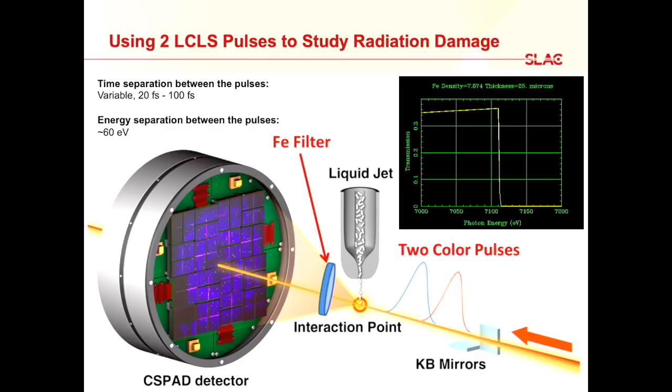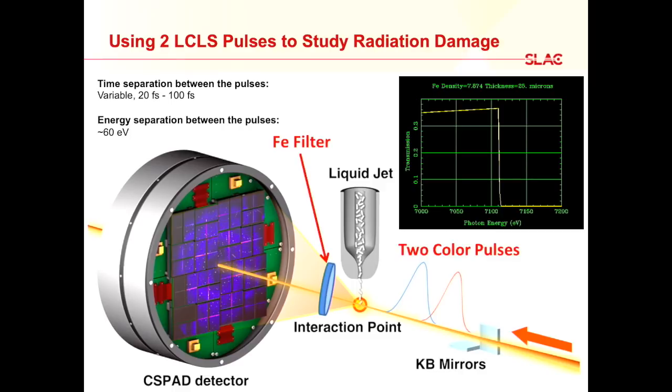And we can separate them in color enough that if we use, in this case, an iron filter after the sample, we can have the blue X-rays that come first be here and be totally absorbed by the filter, and the red X-rays go through. This is the transmission through this iron filter. Here you have about 30% transmission, and here you have essentially 0 transmission.